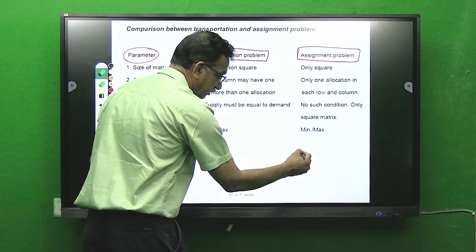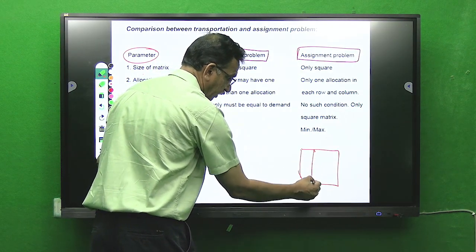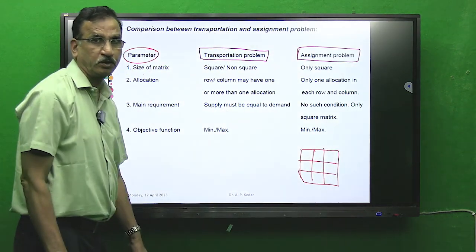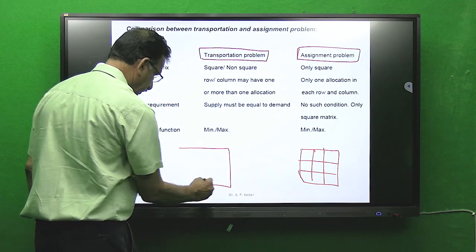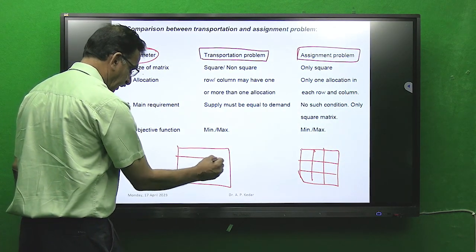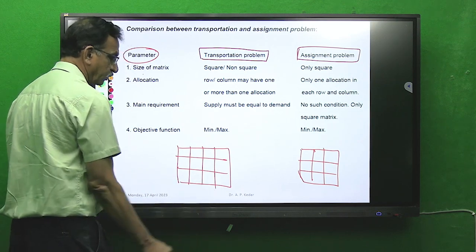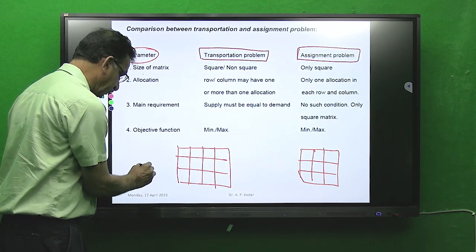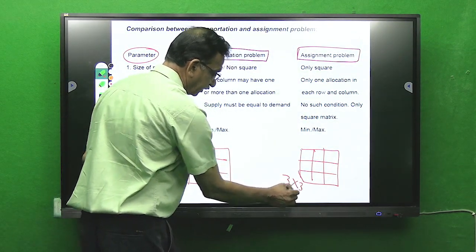I will explain it through this simple matrix. Now what I did is I have drawn here a 3 by 3 matrix, and here I am drawing some other size of matrix. You can identify the size, it is a 4 by 3 matrix. This matrix is a 4 by 3 matrix and this matrix is a 3 by 3 matrix.